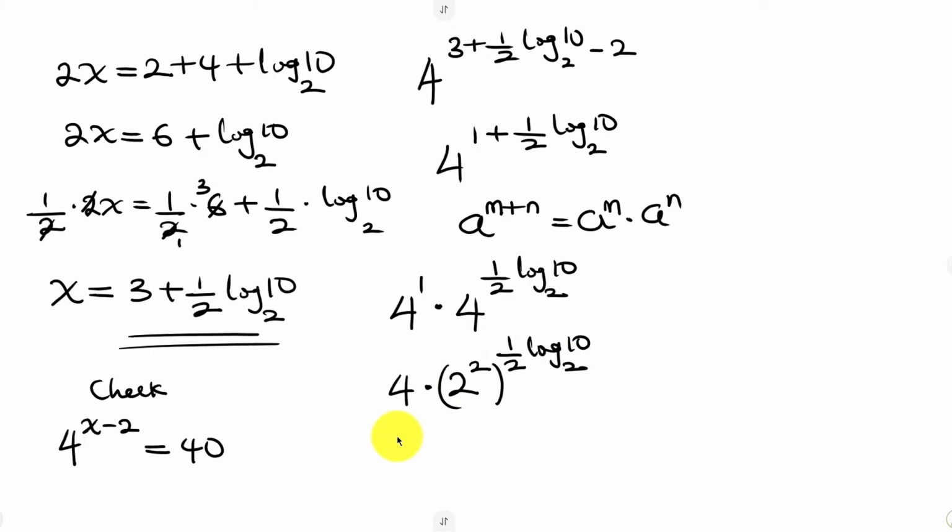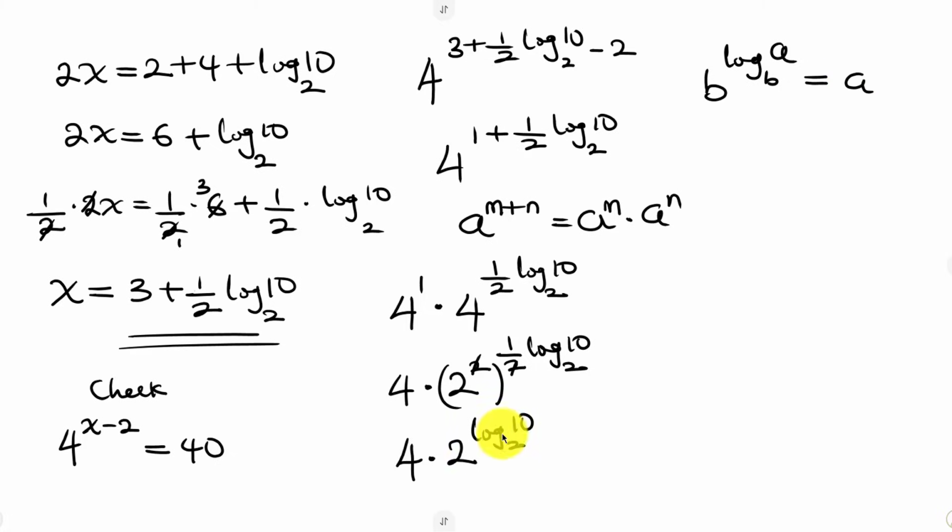So simplifying further, we have 4 times, now this becomes 2 to the power of, now remember that this exponent and the one outside are multiplying according to the law of indices. So that means these two can cancel out these two when they multiply, leaving behind log 10 base 2 as the exponent. Now there is a law of logarithm that says that when I have b to the power of log a base b, so long as this base and this base are the same, we're going to be having a number a as the result.